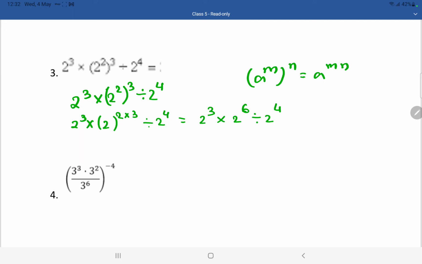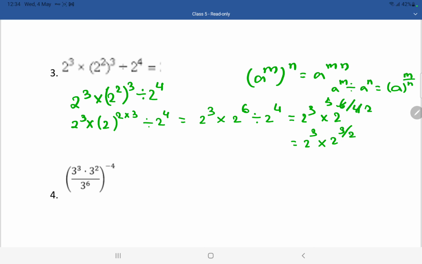First I am going to do division. I told you that a power m divided by a power n is equal to a power m by n. So according to this I should write it like 2 cube into 2 power 6 by 4. Here I will cancel 2 times, which is equal to 2 cube into 2 power 3 by 2.